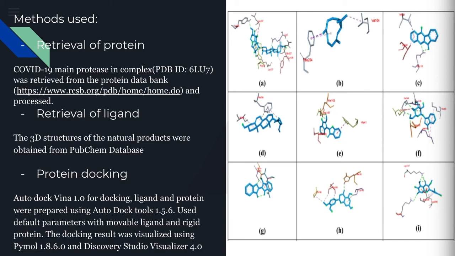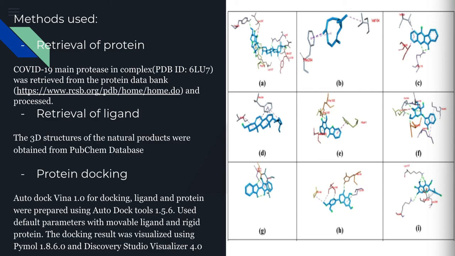The method they followed is similar to what we have discussed earlier. So if I have to go over the text once again, the information on the main protease was downloaded in PDB format. The protein was prepared by removing water molecules and further processed for docking analysis using docking algorithms and a protein 3D visualizer software.